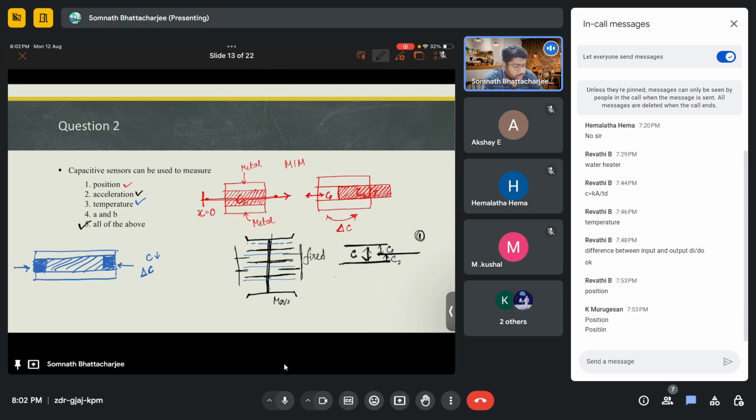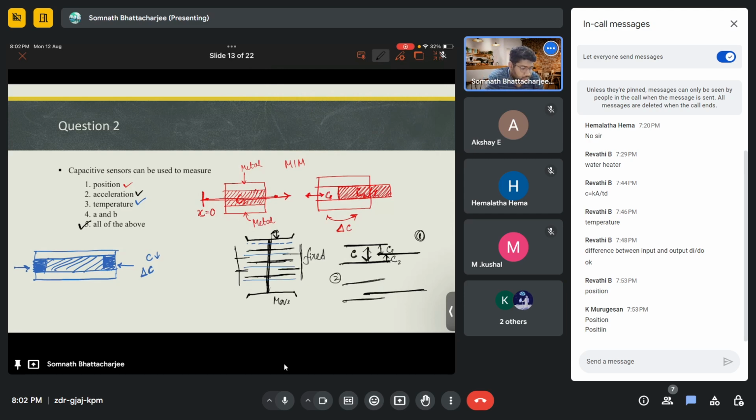But in the second case, while it's in a different position, what will happen? These arms will remain in the same place, but this movable object will stay here, let's assume a position.